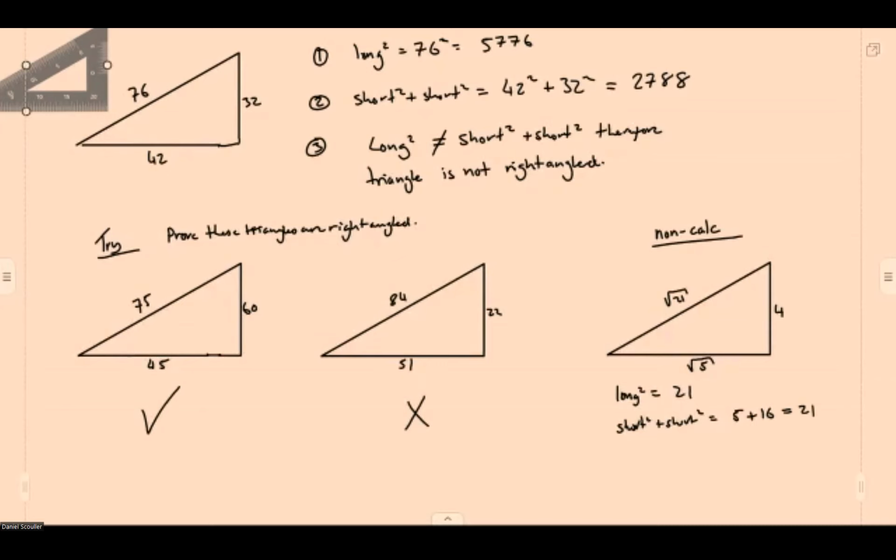Okay, so long side squared is equal to short side squared plus short side squared, therefore it is a right angle triangle.